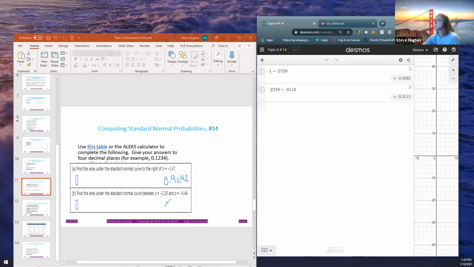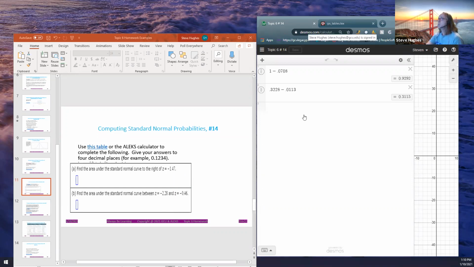And this answer is 0.3115. Note to self here, okay? Whenever you want to find an area between two z-scores, you always take the greater value, in other words, the z-score to the right, that value, minus the z-score to the left, okay? You do that and you will not go wrong here. Very good.